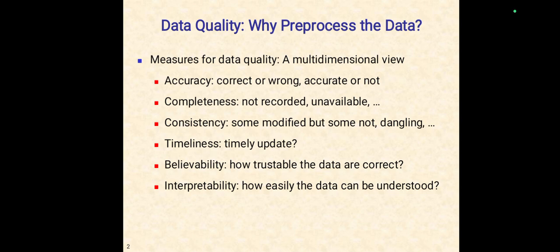Next, the second one, completeness. Completeness means no important information should be missing. I should not have any incomplete data. For example, imagine a hospital database where the patient's blood group is missing. Then will the doctors be able to make a proper diagnosis or decisions?